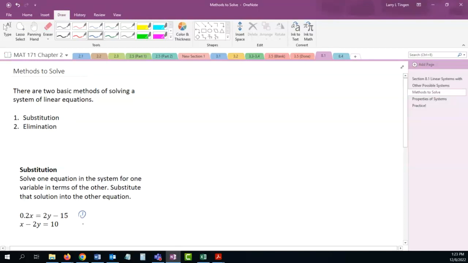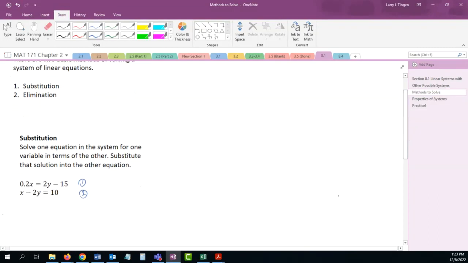So I'm going to solve one of these equations for x or y, and then I'm going to substitute the result into the other equation. In this one, you can solve for x or y, but you typically want to do the one that's going to need the least amount of work. And surprisingly, to me, that looks like equation 2.